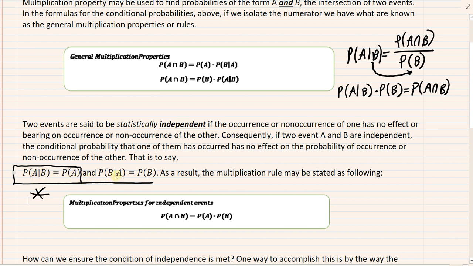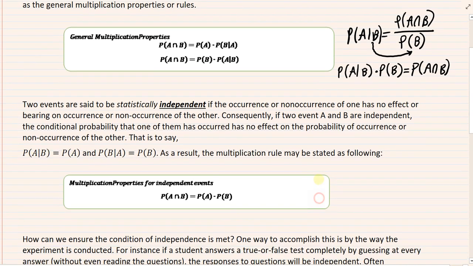Likewise, probability of B given A has no influence on probability of B occurring. Therefore, that would be one way to test for independence also.